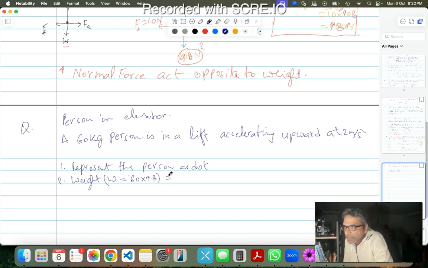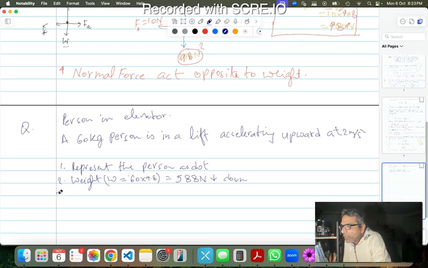That equals 588 down, right? So that's the weight. 588 Newton downwards, right?